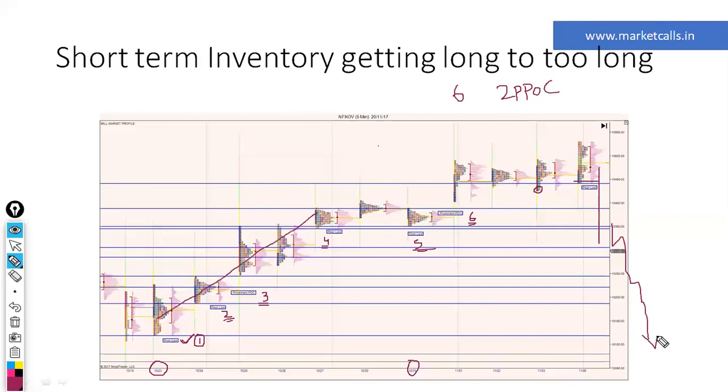This kind of inventory setup happens where the entire uptrend is participated in only by short-term players. That is almost a 600 point move from the 23rd October to 6th of November. Not 600 but a 500 plus points move, the entire 500 points move is completely dominated only by the short-term trading community.